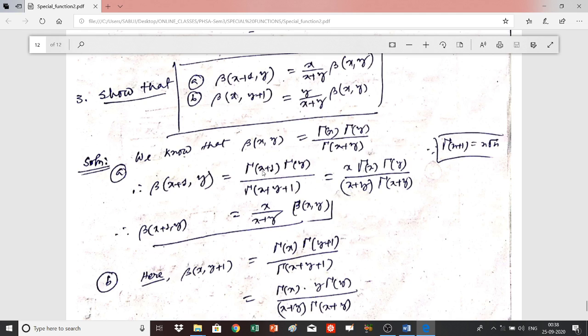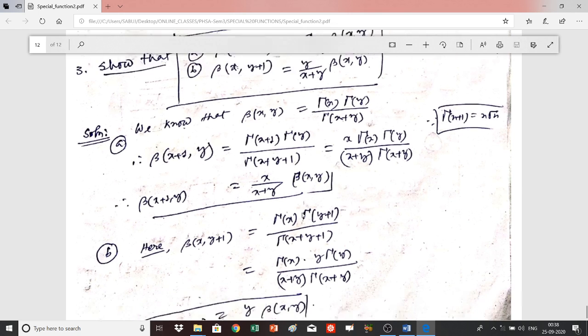This can be written as x into gamma x, then gamma y, and the denominator can be written as x plus y gamma x plus y using this identity. So finally, beta x plus 1, y is equal to x by x plus y times gamma x gamma y by gamma x plus y, which is nothing but beta x y. So it has been proved.